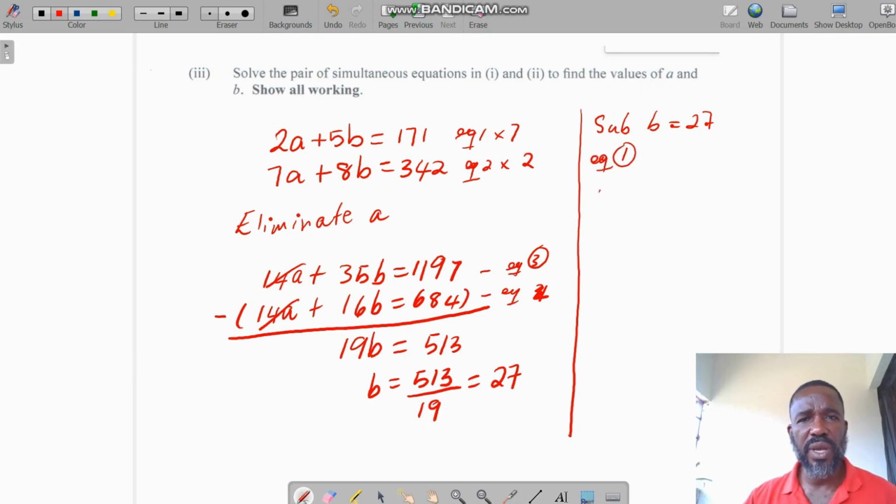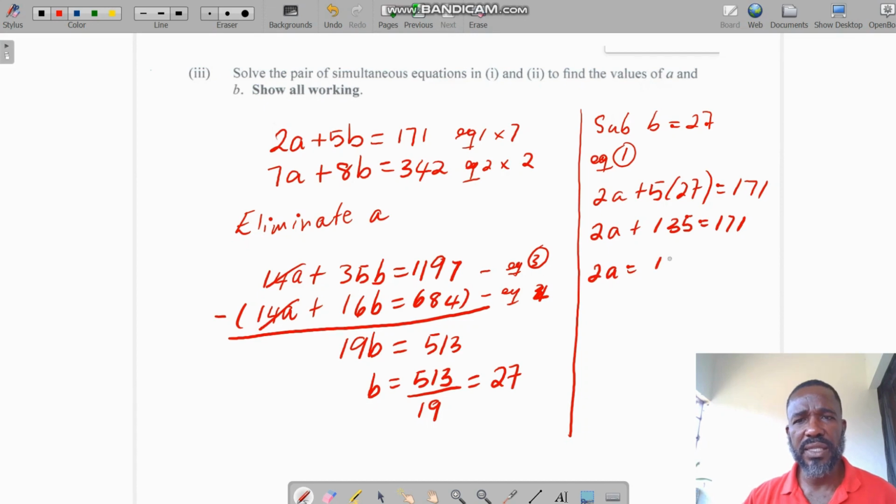So therefore we have 2a plus, wherever I see b, I'm going to replace it with 27. So 5 times 27 is equal to 135. So we have 2a plus 135 is equal to 171. So therefore 2a is equal to 171 minus 135.